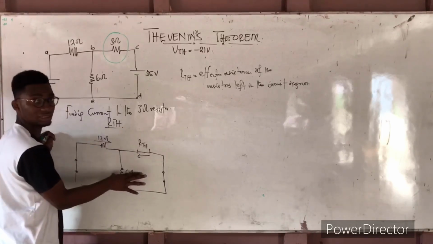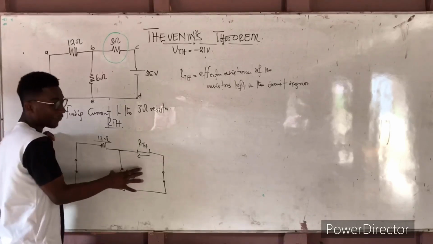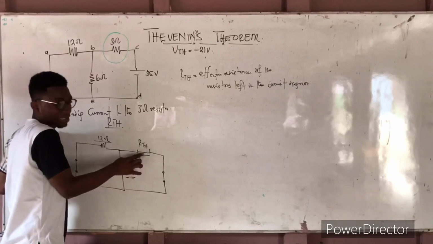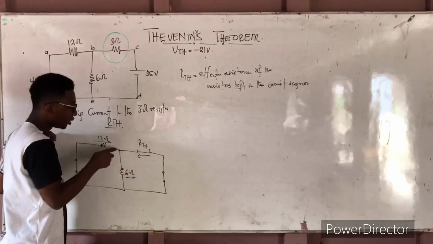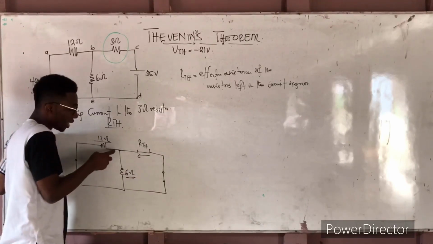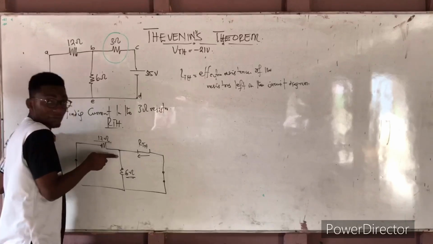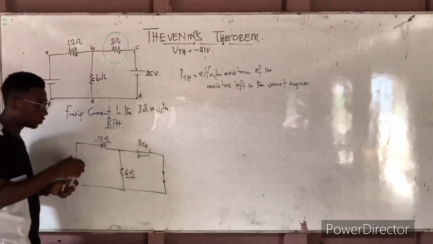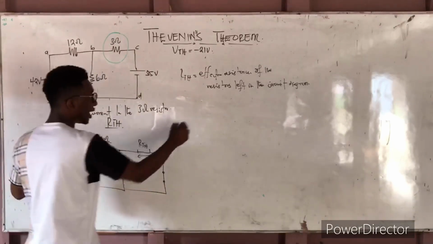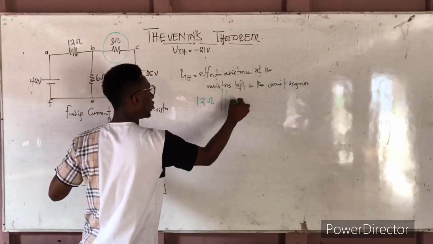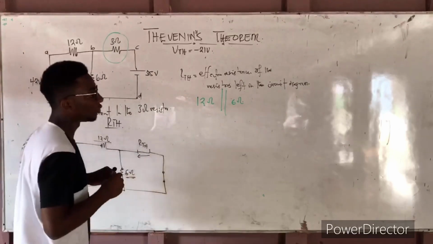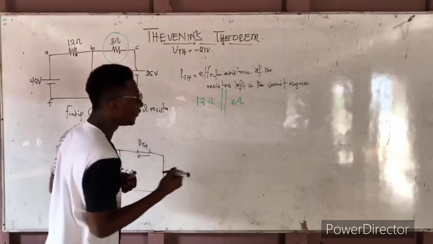But they differ in current because this is not an open circuit, it's closed. So different currents will pass through them. When the current gets here, some will divert here, some will divert here. So the 12 ohm resistor is parallel to the 6 ohm resistor. If it's parallel to the 6 ohm resistor, then what is the effective resistance?